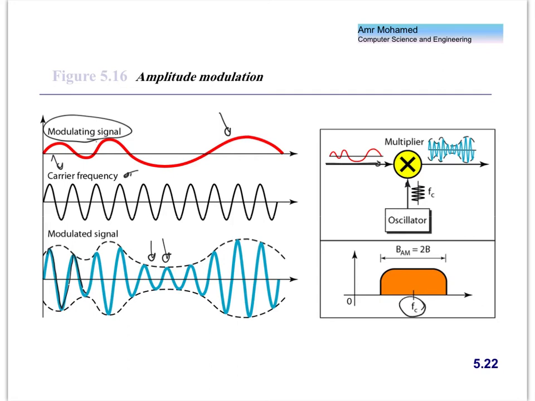So when we do this, we end up with the same signal, but it's shifted in the frequency domain. That's the whole thing. Okay, so the modulating signal multiplied by a carrier frequency gives us the modulated signal, which is the AM signal.